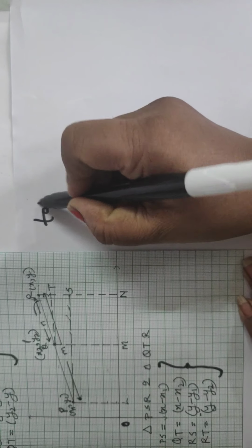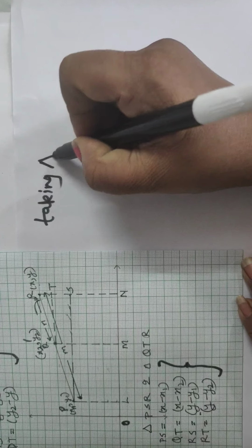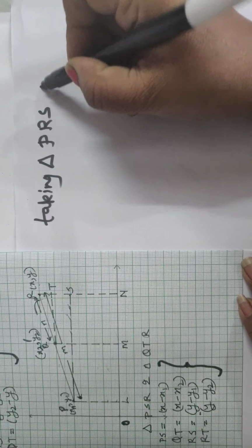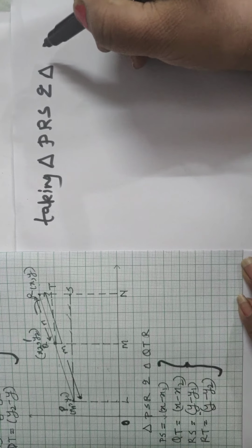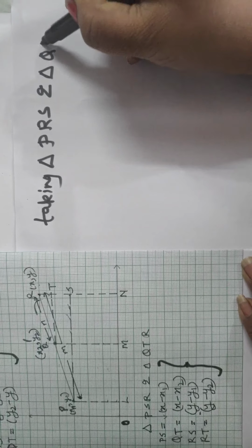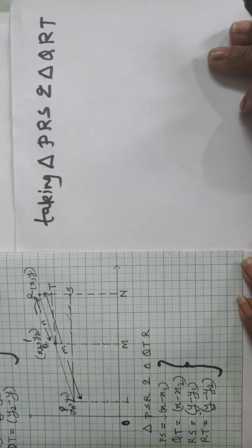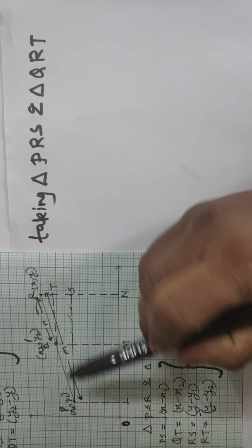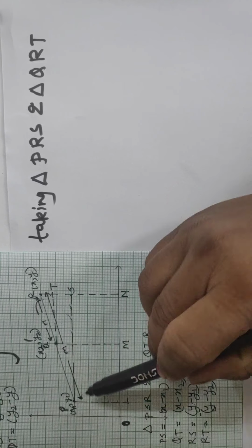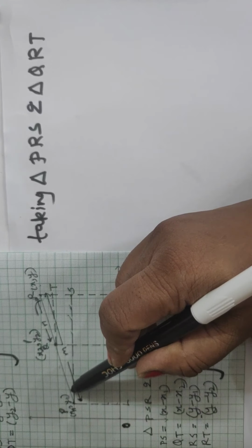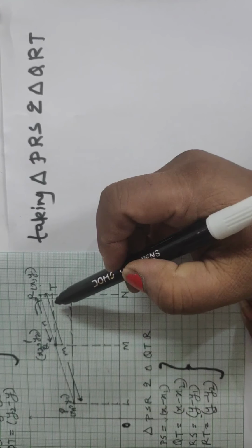Now, taking triangle PRS and triangle QRT, we can see this complete big triangle PRS. Again, we can see that the inclination of the line segments PS and QT is the same.